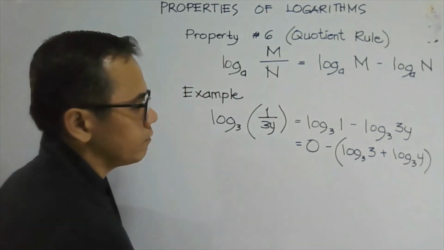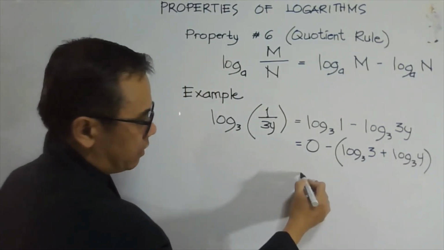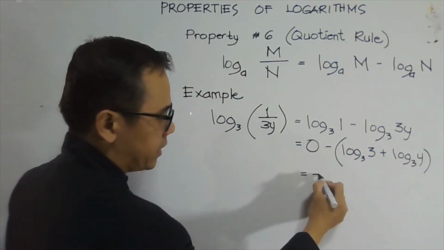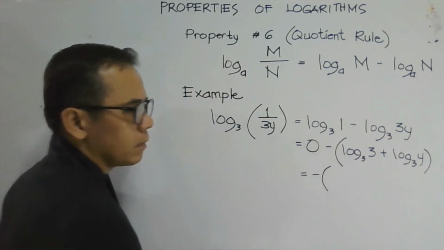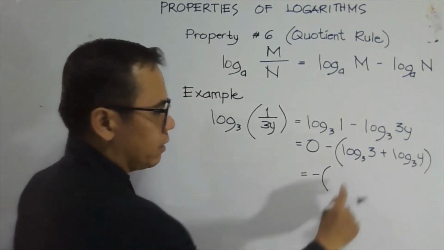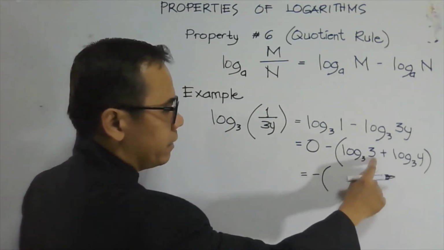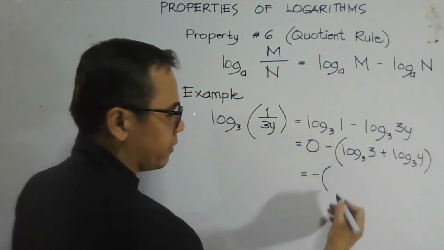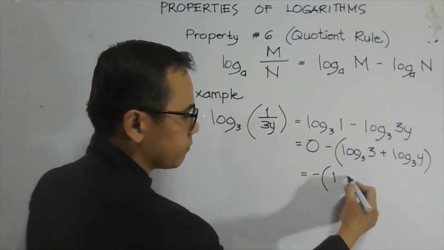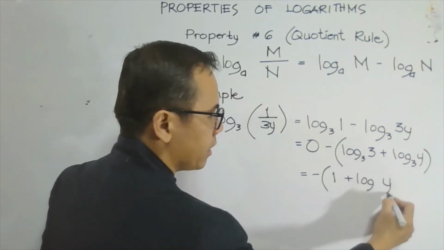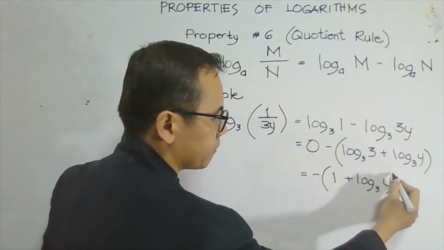So it's now equal to, let's eliminate 0, negative. Now from property number 2, we know that the logarithm of a base a is always equal to 1. So therefore, this is 1 plus log of y base 3.